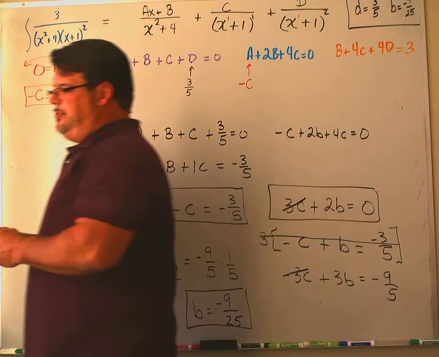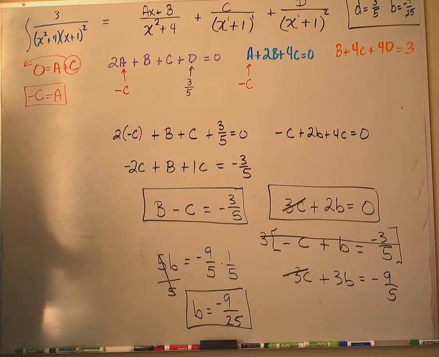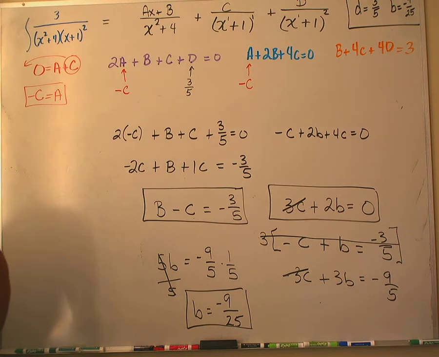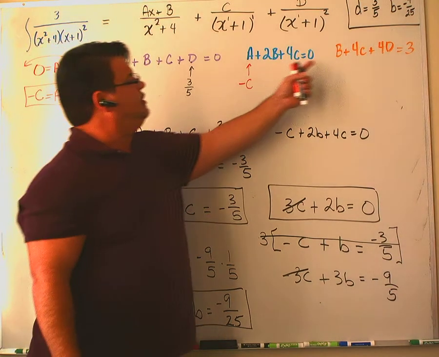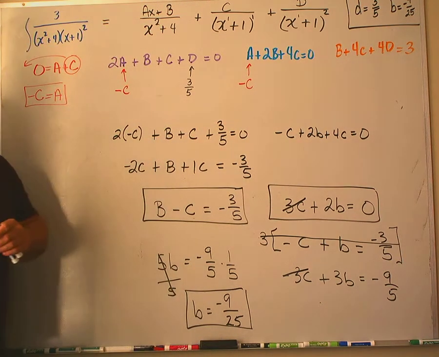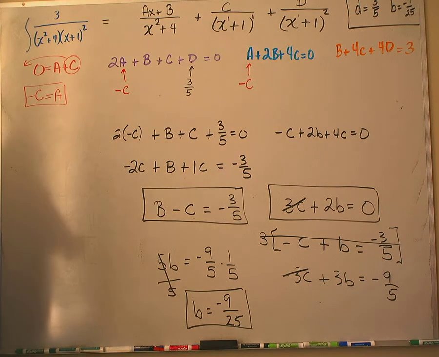Now, of course, with solving systems of equations, you have to back substitute. You can use any of these equations. It really doesn't matter which one you use. You're still going to come out with the same answer. So B plus 4C plus 4D is equal to 3.